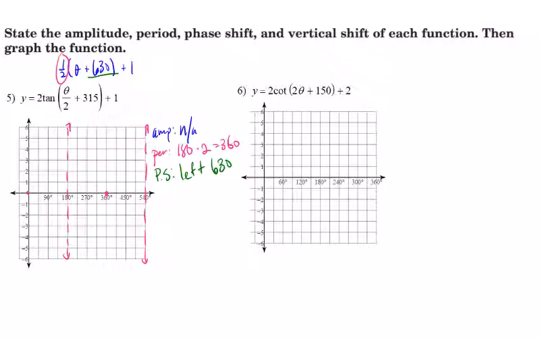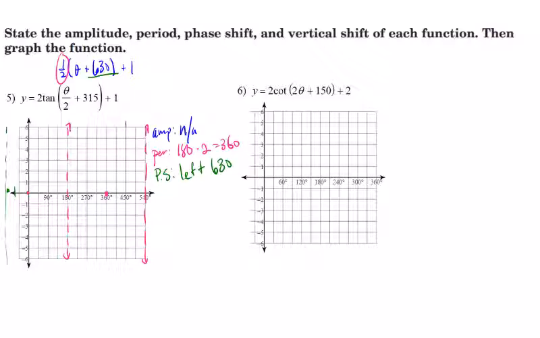So it'd be like actually over here, right? So there'd be an asymptote here, 90, and then all these will basically shift over 90.